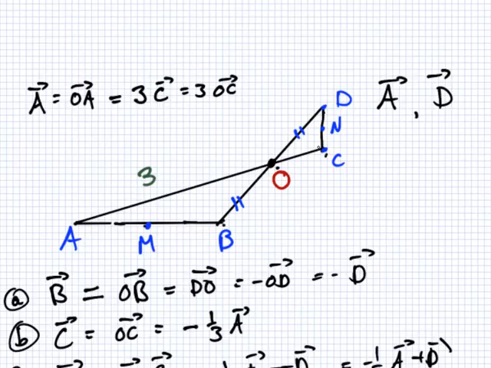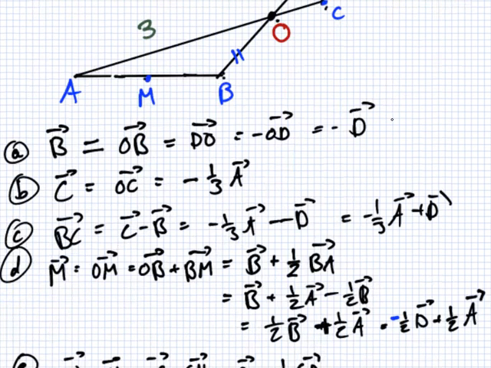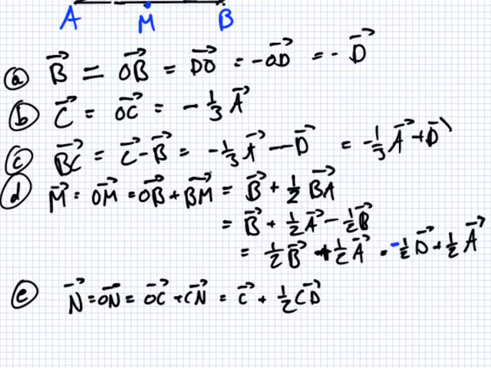OD plus DN. The same. I don't really care because I know what C is. It's minus a third A, so I can easily change it.